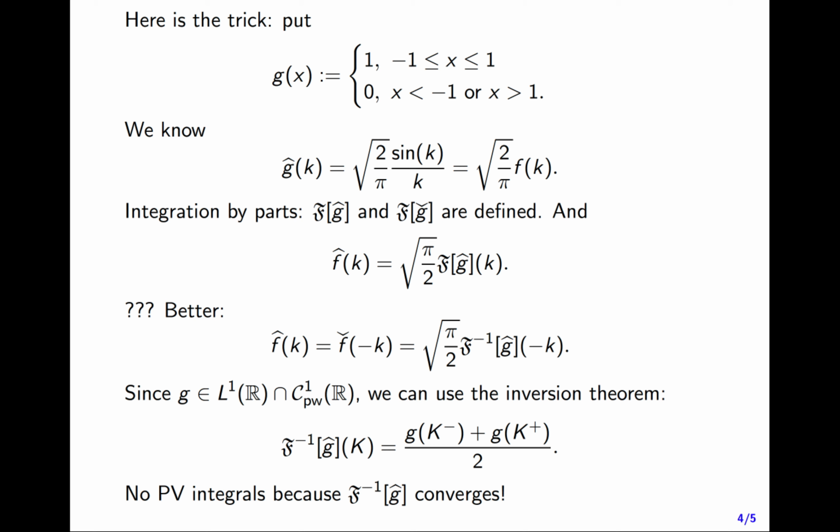And although I don't know how to calculate that inverse Fourier transform of f, I know that improper integral converges if you believe my integration by parts claim about f. So I have my formula from the inverse Fourier transform theorem. I still have the average of left and right hand limits for g because g isn't purely continuous, but I don't have to worry about any principal value nonsense here. So let's just grind it out.